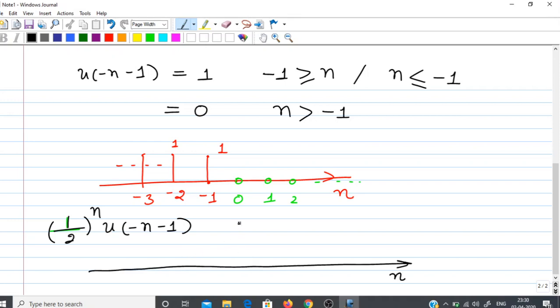It would be 1 at 0, and then on the positive side it will be decaying, so it will be 1/2 at 1, then (1/2)^2 at 2, and so on. And it will be growing on the negative side, meaning at -1 it would be 2, at -2 it will be 4, and so on. So this sequence is (1/2)^n.